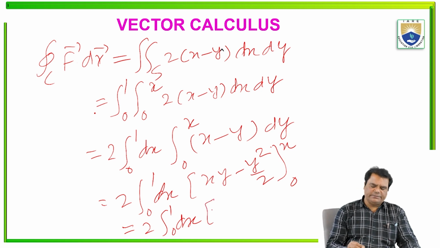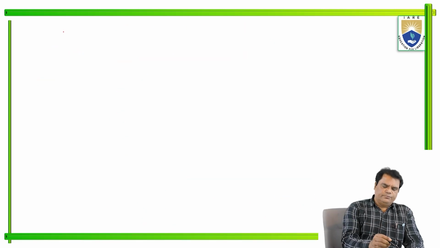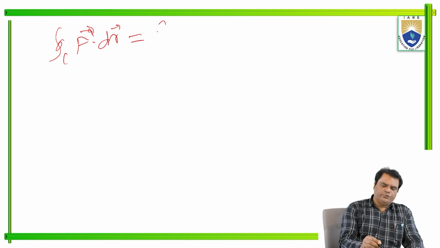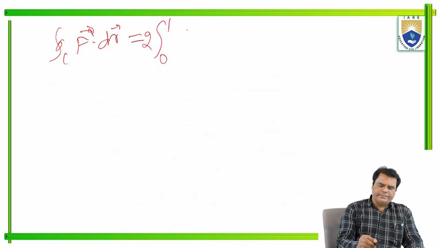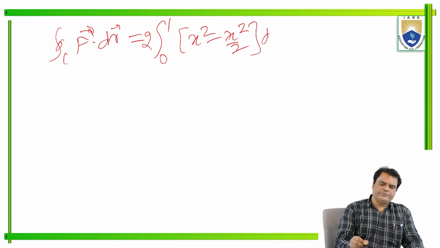Putting limit x, so x into x minus x square by 2, and lower limit is 0. So finally this is the integration over C of F vector dot dr, which equals twice 0 to 1 of x square minus x square by 2 dx.